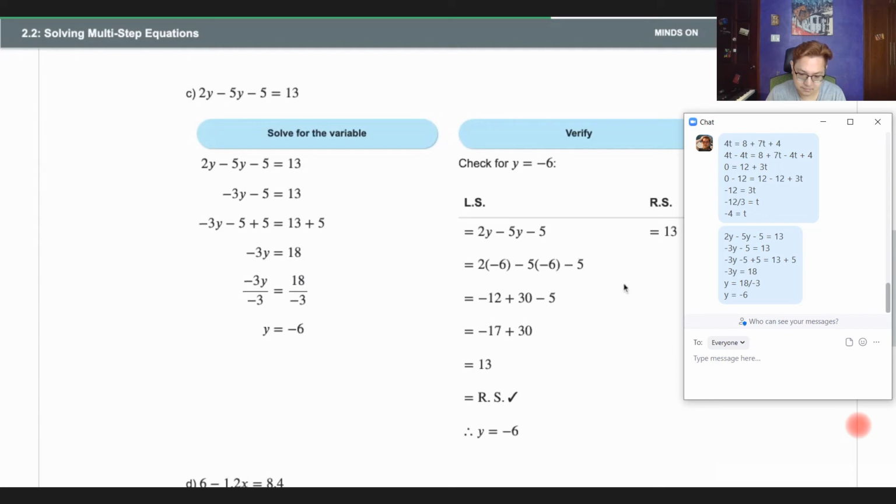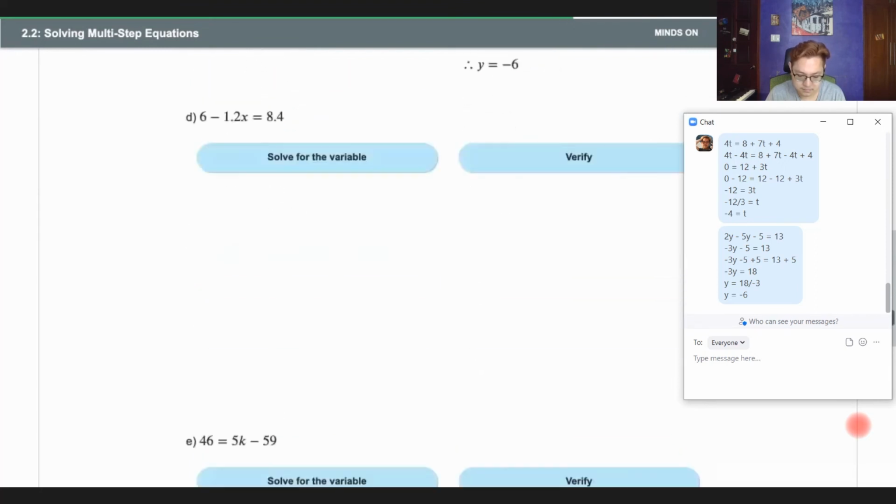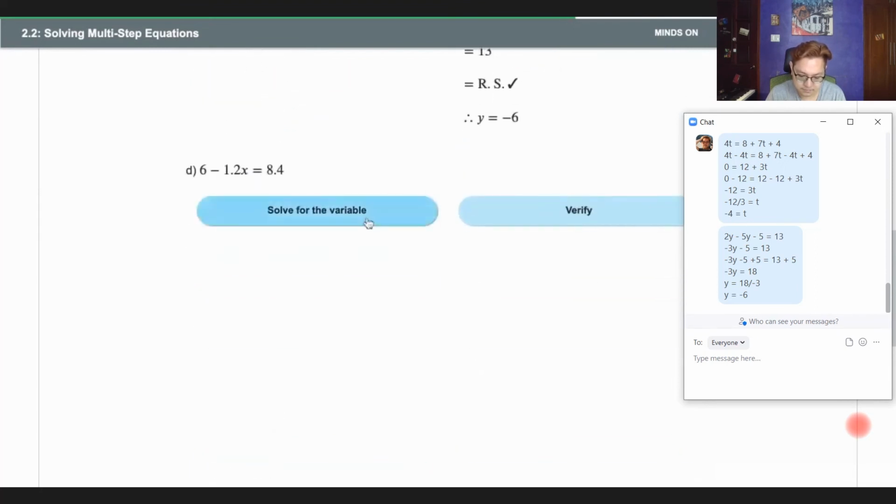So for D you have 6 minus 1.2x equal 8.4.